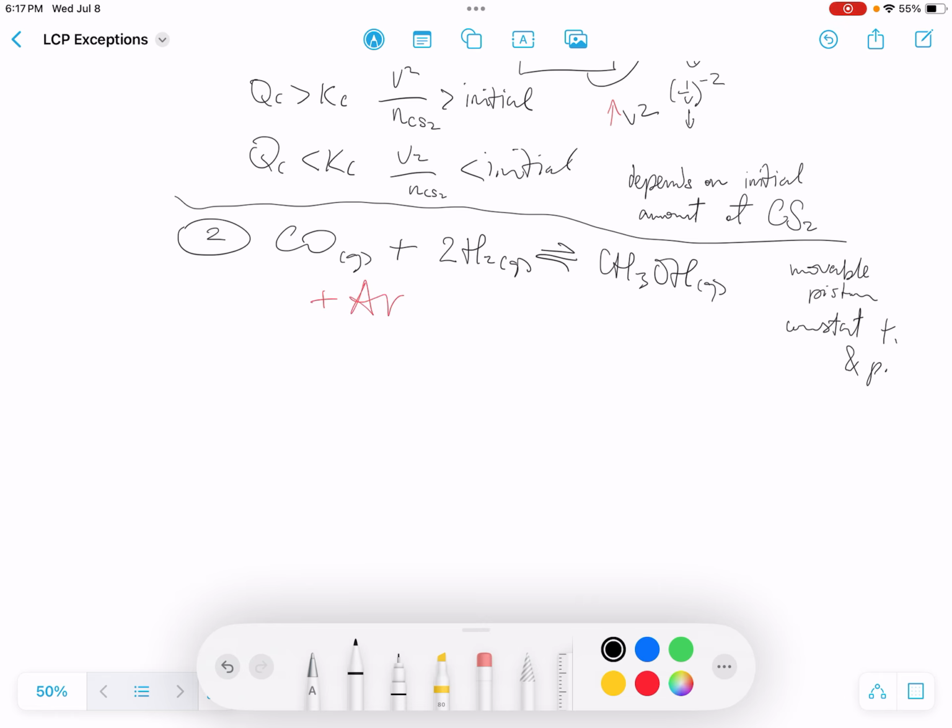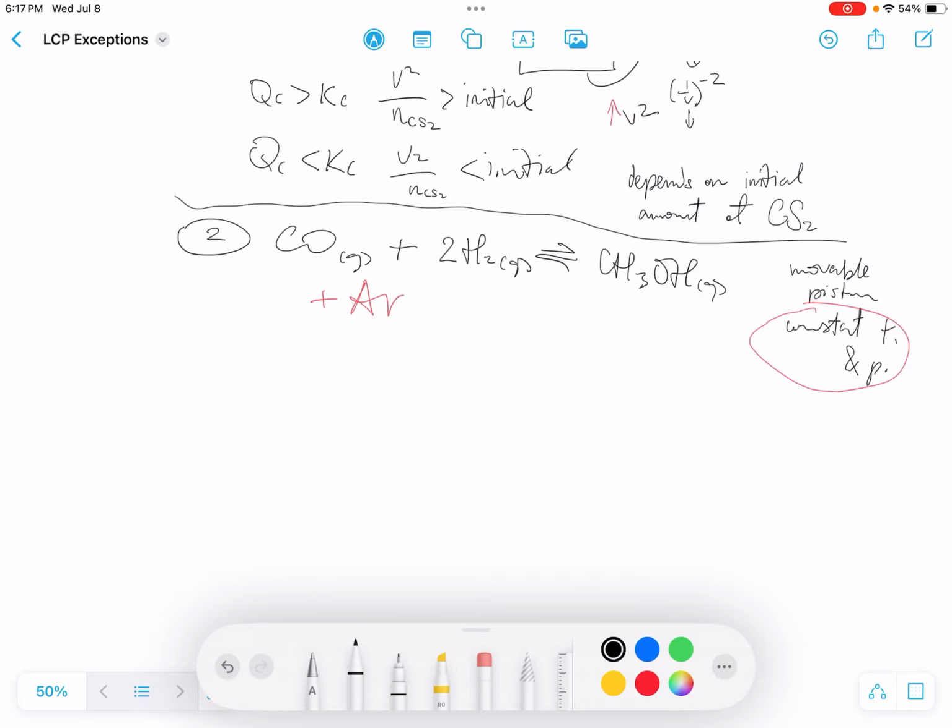Whoa. So LCP, Le Chatelier's principle, would predict that this wouldn't change anything. It's an inert gas. But actually, we're going to realize that's wrong because of, once again, constant temperature and pressure. So let's do this problem.